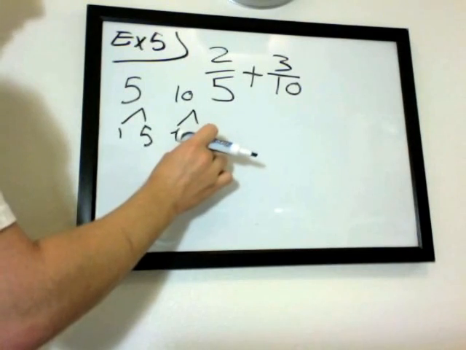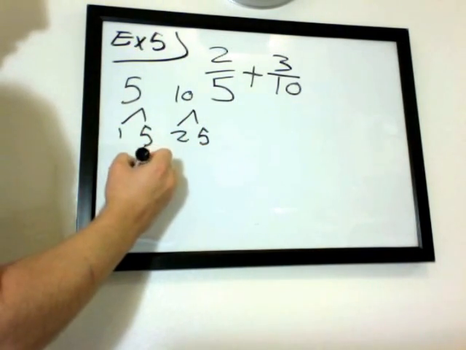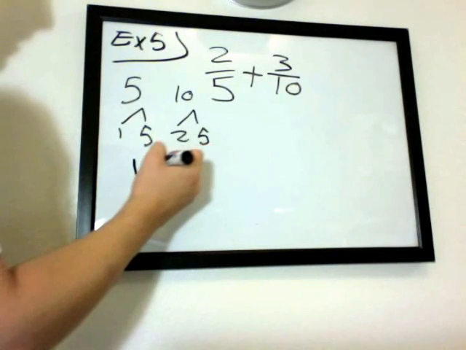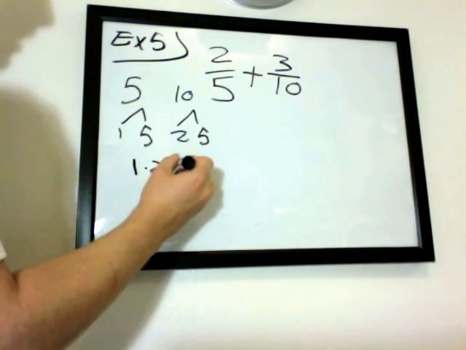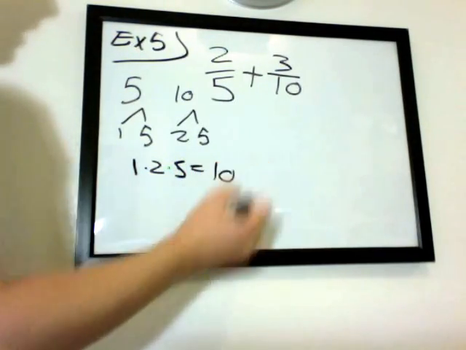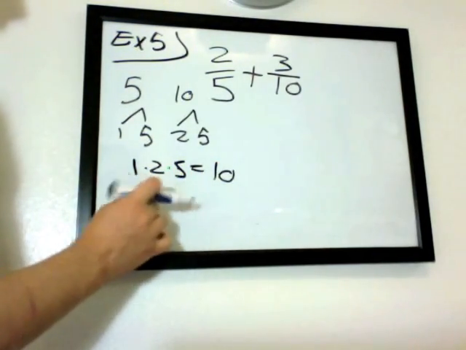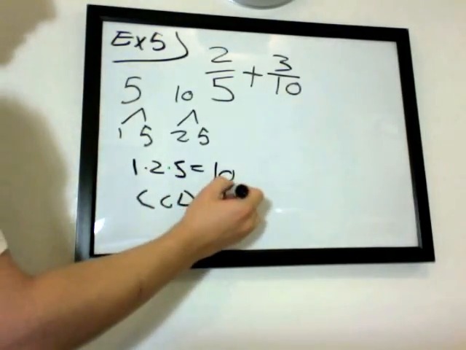If you take the 5 here, you can't take it from here. So I'm going to take the 5 from here, and the 2 from here, and the 1 from here. So 1 times 2 times 5, we know that to be 10. So the least common denominator is 10.